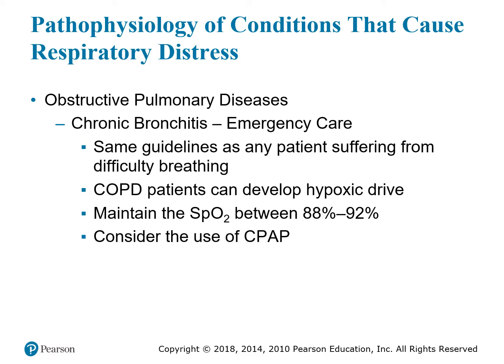I will mention that over-oxygenation can be detrimental to these patients, because once we go above their normal SpO2 range, you're now training their body that, hey, we have enough oxygen, we don't really need to ventilate as often, and then the body isn't going to recognize the changes in carbon dioxide. So the biggest takeaway here: maintain an SpO2 that is normal for COPD patients due to their hypoxic drive.